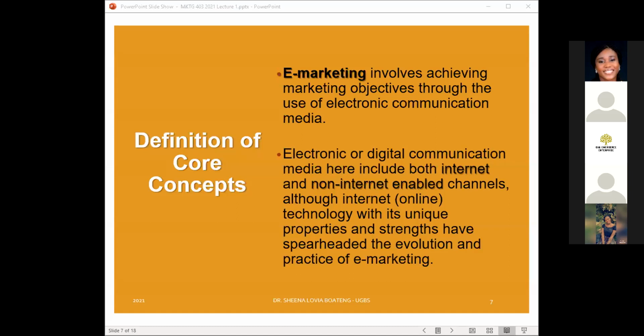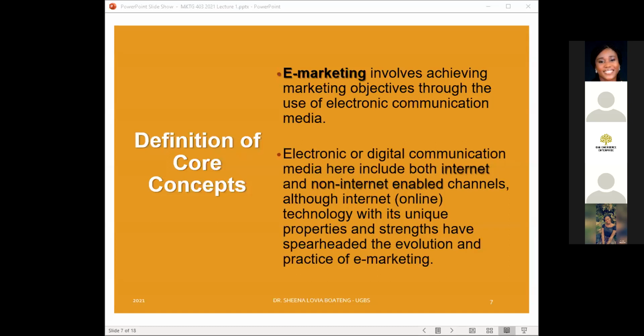But we are going to focus on the internet because it has certain unique characteristics that help us do more over a wider surface area, in terms of geography and reach, and in terms of the number of innovative tools and technologies that we can use.